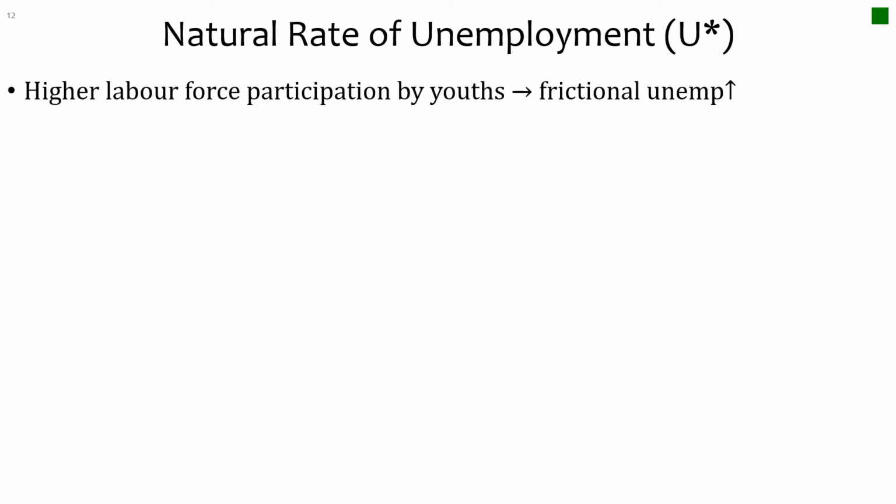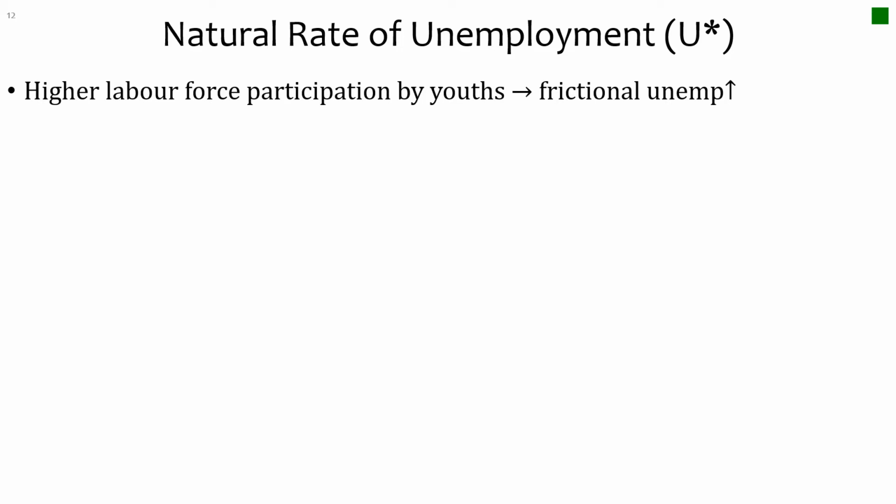Imagine some demographic change where there is higher labor force participation by youths. So for instance, there is a greater youth population in a society. What happens is that with the youth, they usually tend to have a higher rate of frictional unemployment.